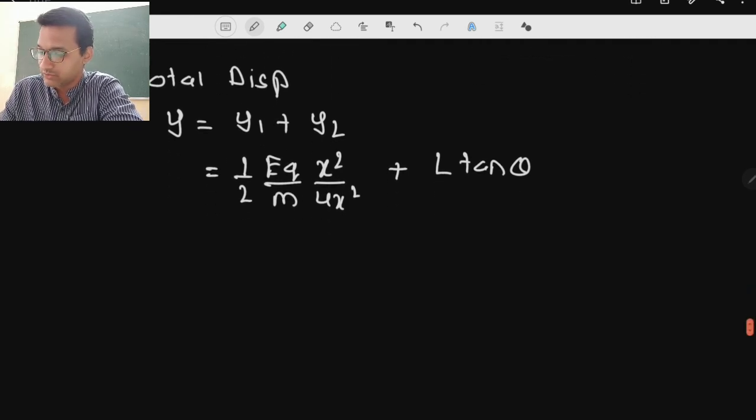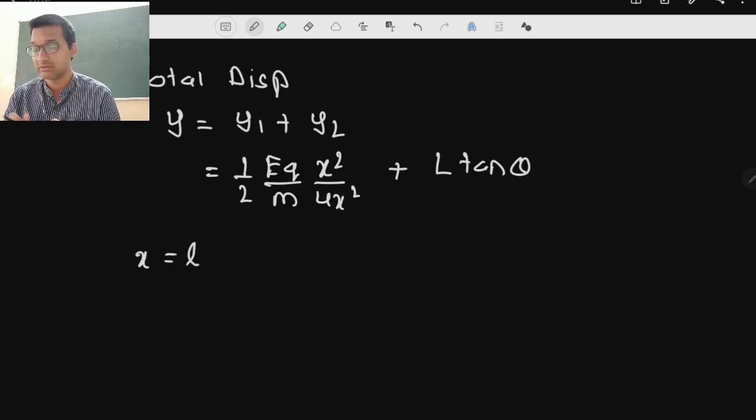Now we will try to replace these values. X will be equal to small l, that is the length of the plate, because y1 is the displacement in the electric field and y2 is the displacement outside the field. In the electric field, it will travel along the length of that plate, that is small l. And this tan theta also we have found out.